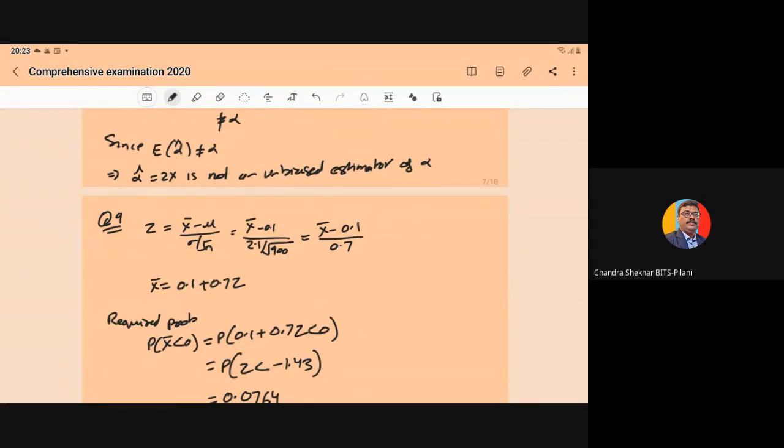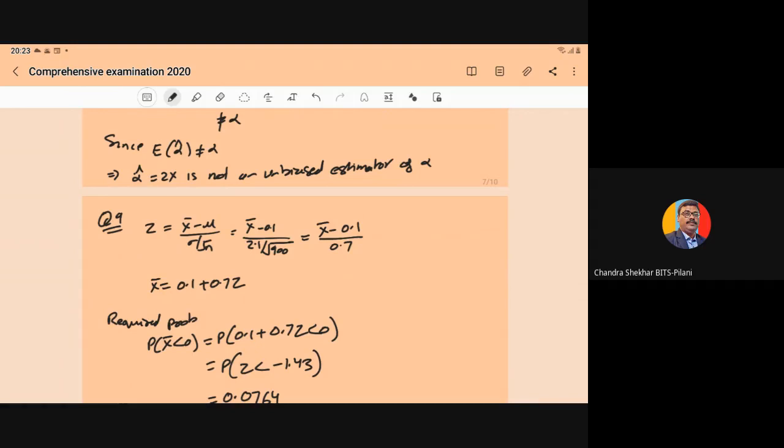So here z is equal to x bar minus mu upon sigma upon root n. So x bar, the sample mean, follows the normal distribution with mean mu and standard deviation sigma upon root n. So we can write the standard normal variate z is equal to x bar minus mu upon sigma upon root n.